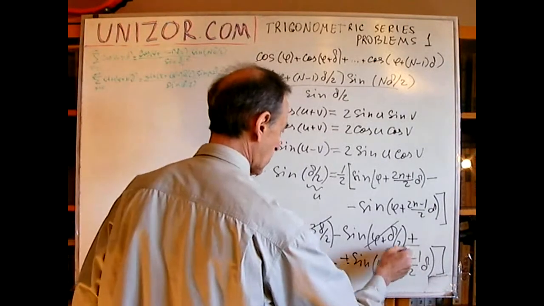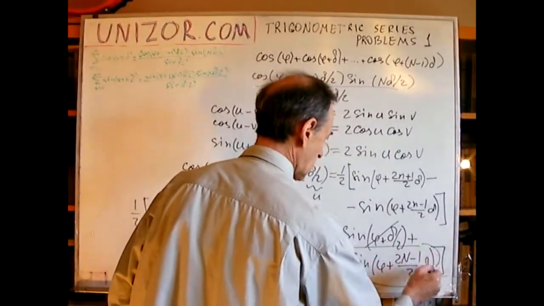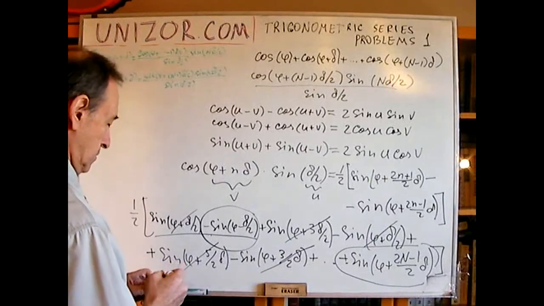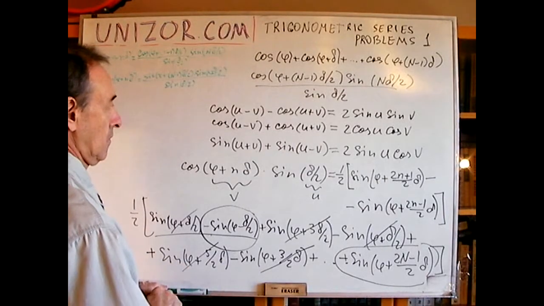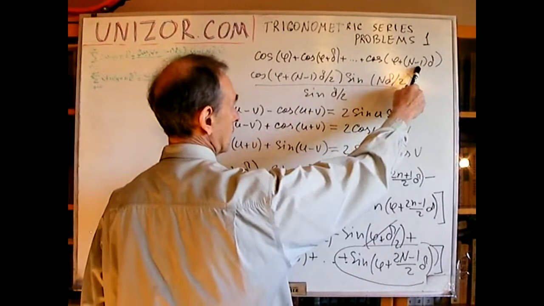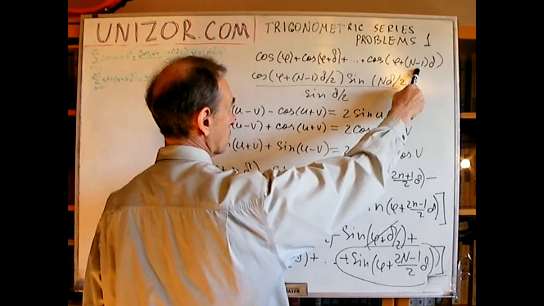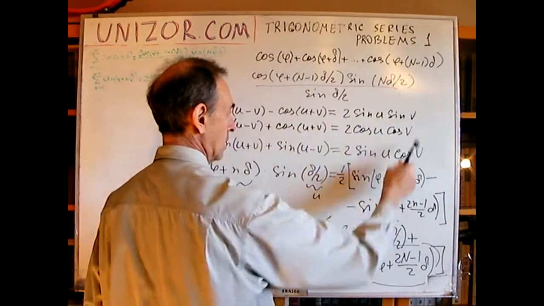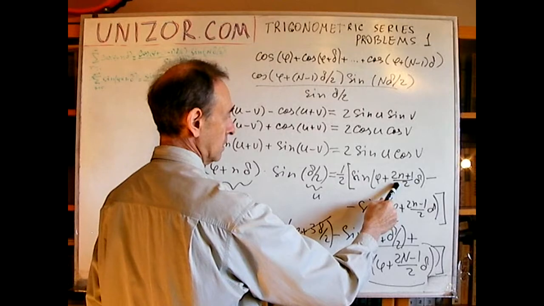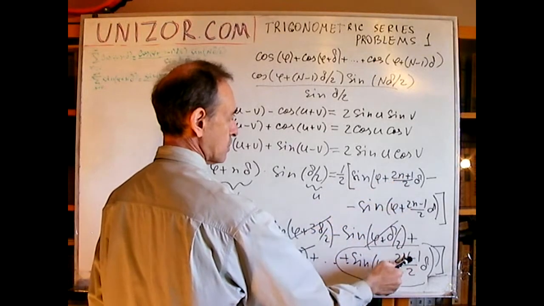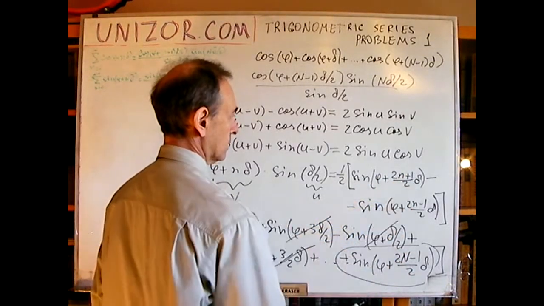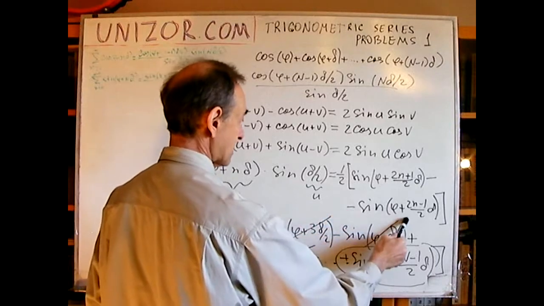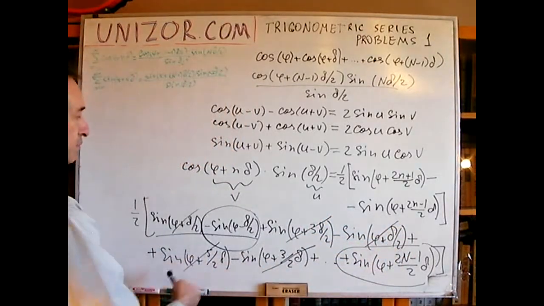This will also remain, if I'm not mistaken, right? Again, if lowercase n is equal to capital N minus 1, then this would be 2N minus 2 plus 1, which is minus 1, divided by 2 delta. And the one which has a minus would be reduced with one of the previous ones.